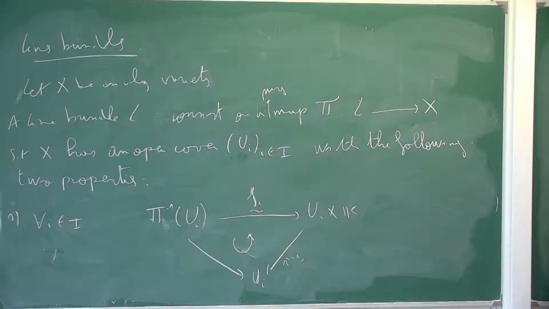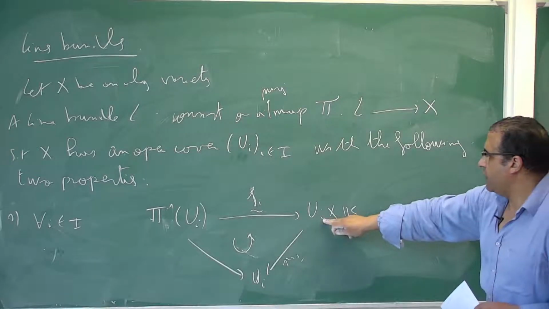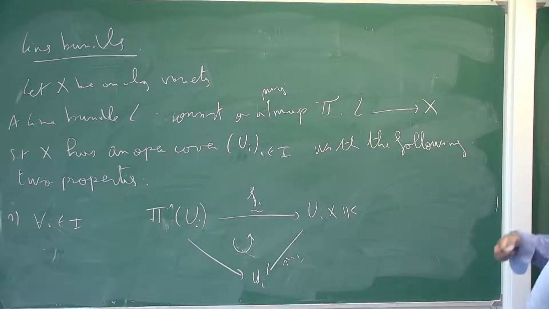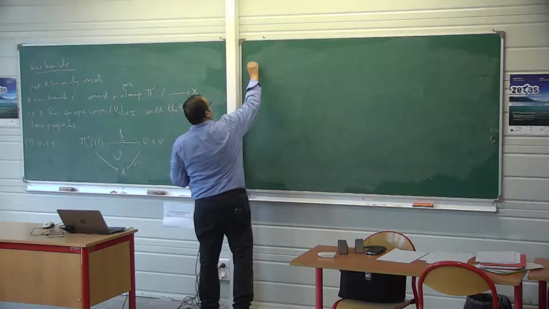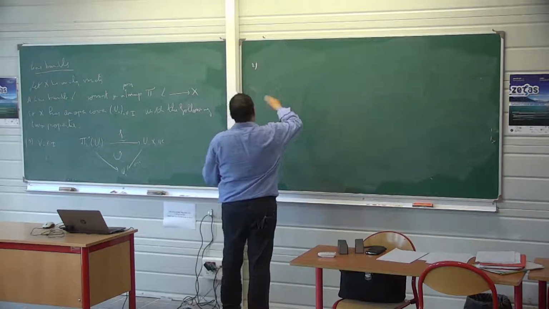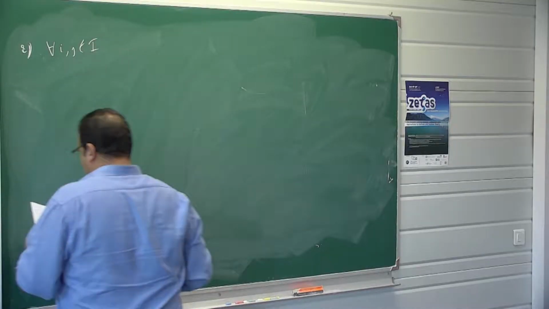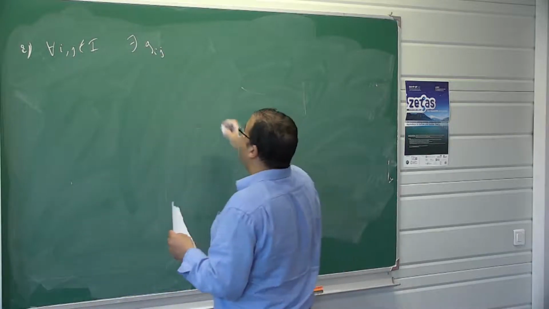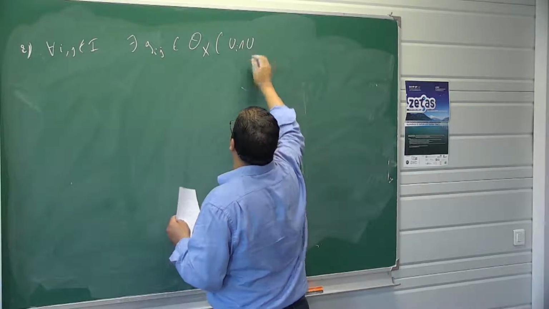And the second point is that now we know what happens over each open of trivialization, but you need to patch the data together in a convenient way, and this is given by the second point. So for i, j in I, you have a map g_ij which is regular on U_i cap U_j.